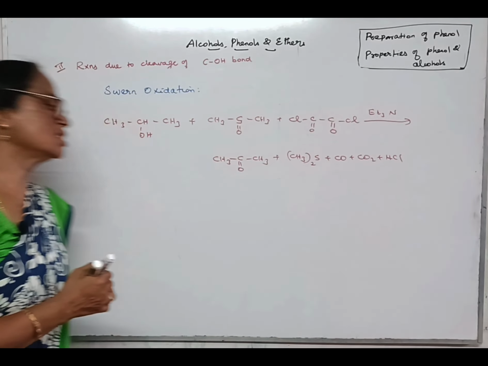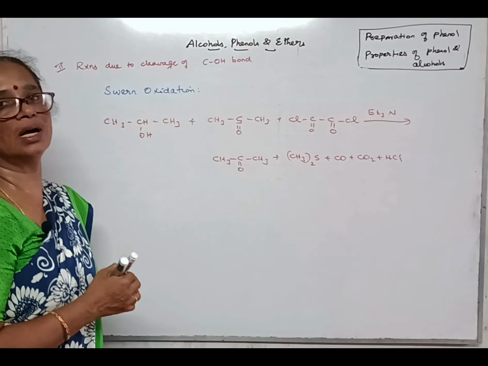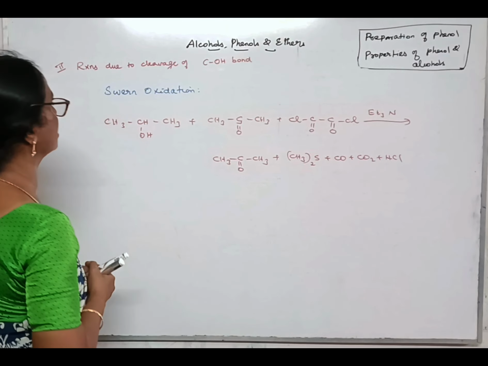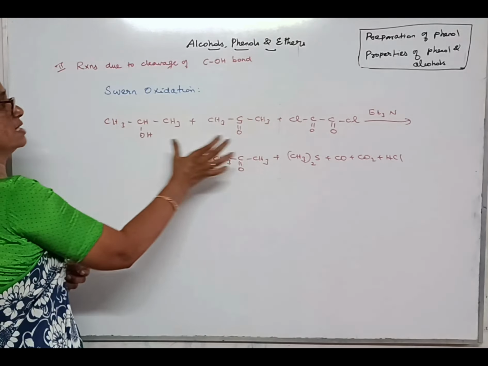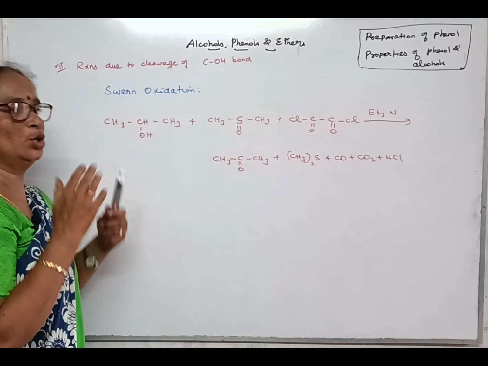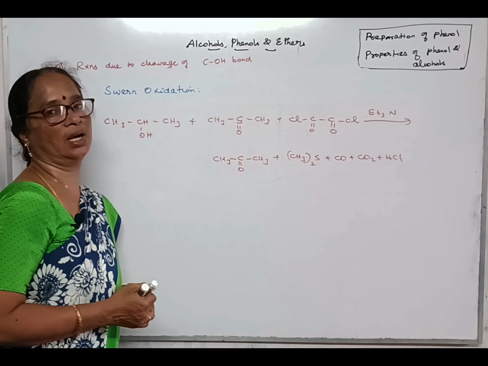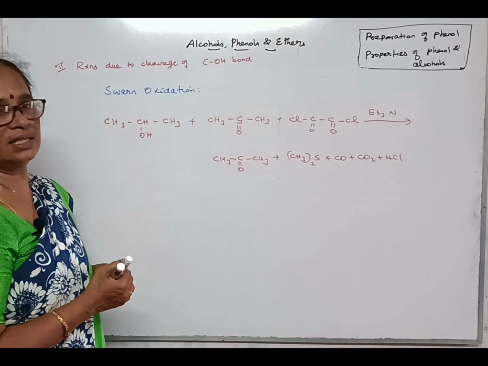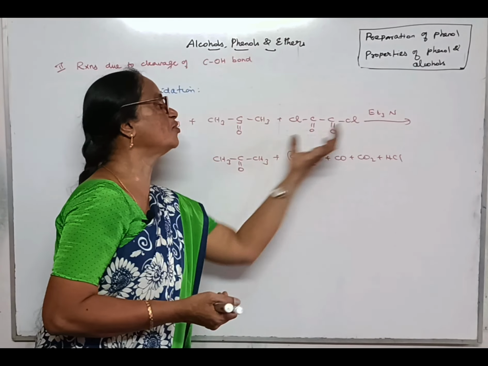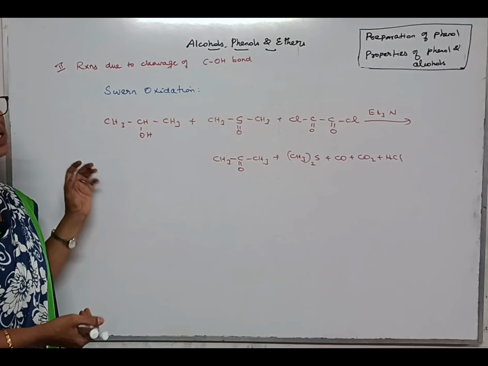The last property of alcohol, Swern oxidation. It is said to be a name reaction because in this oxidation some specific reagents are taken for oxidation. Usually we have oxidizing agents. Besides those oxidizing agents, Swern preferred a mixture of 3 compounds for the oxidation of alcohol.